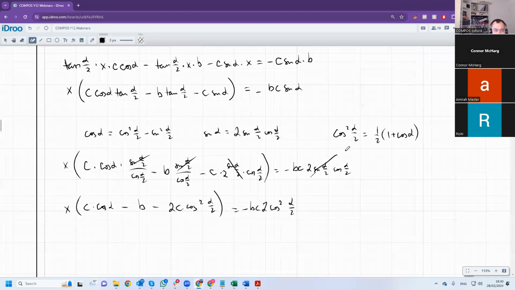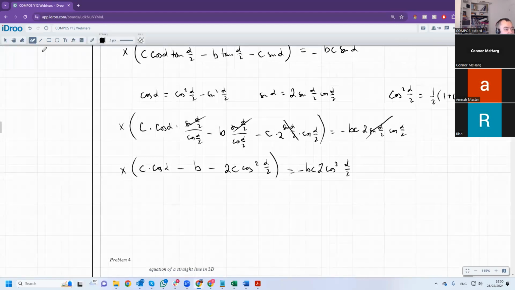Yes. Okay. And I can write x multiplied by c cos alpha minus b, minus 2c multiplied by 1/2 multiplied by 1 plus cos alpha, equals minus bc multiplied by 2 multiplied by 1/2 multiplied by 1 plus cos alpha.